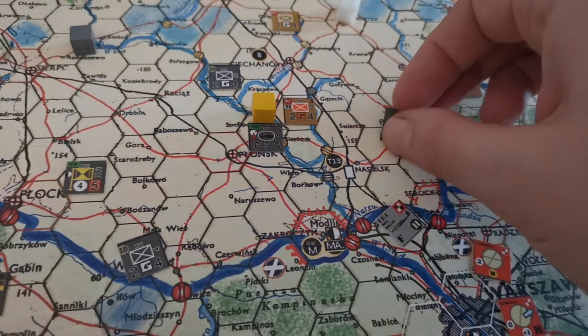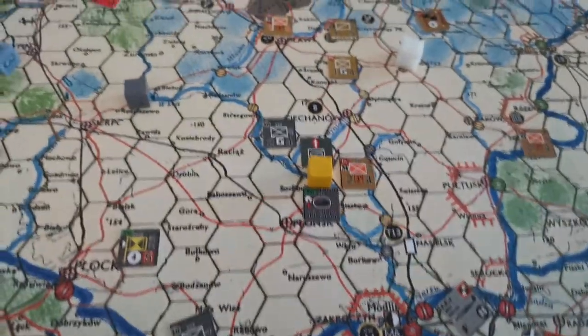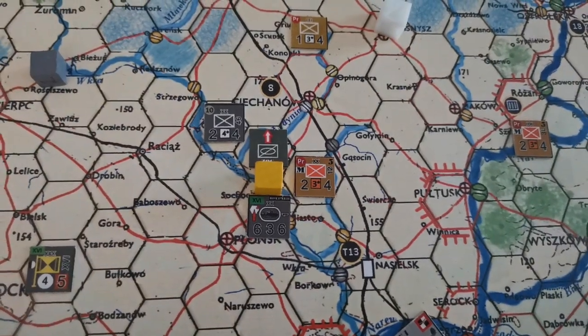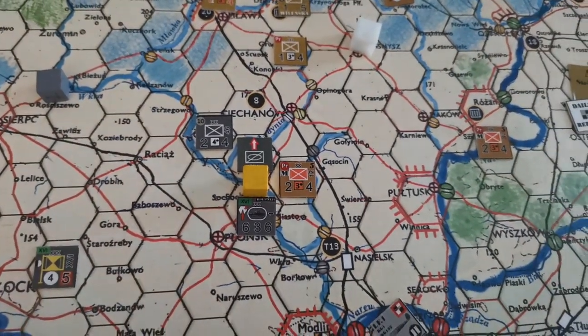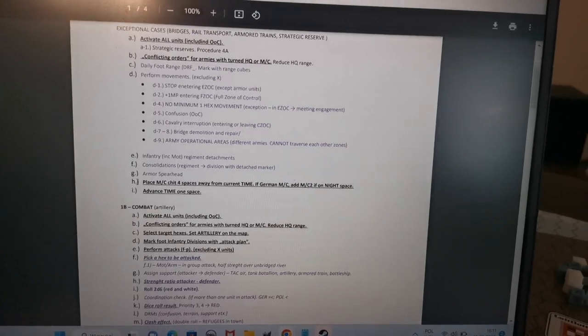Unless the panzer unit deploys a spearhead, which will block the enemy unit and effectively make this bridge rebuild possible. There are of course downsides of deploying spearheads, but this is going to be in another video.